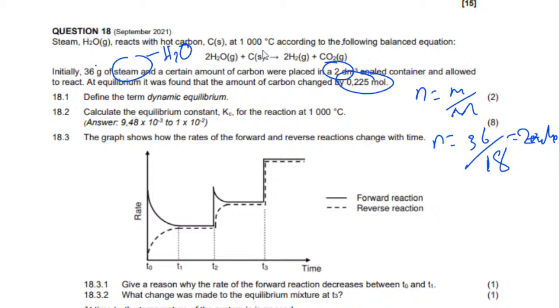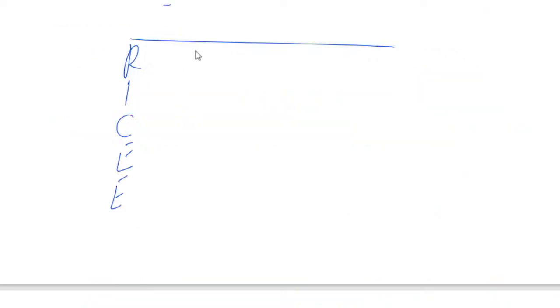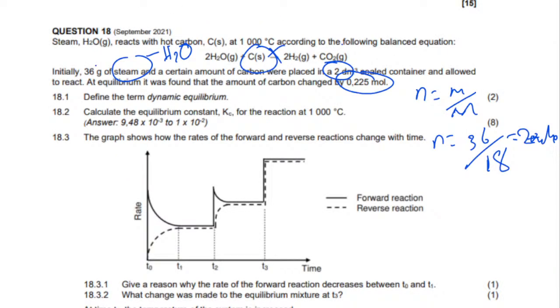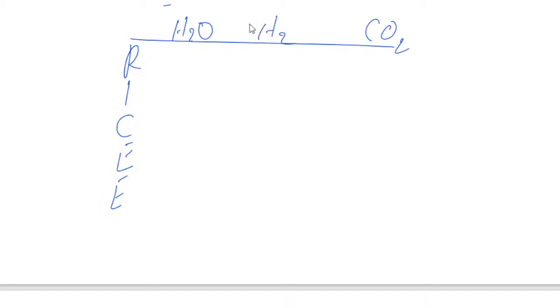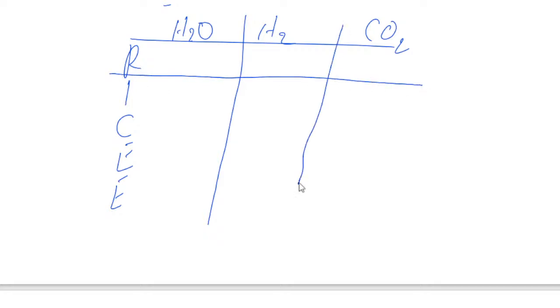Because carbon is a solid, I don't take it. Please don't include the solids there. So I'm going to have steam, water, plus hydrogen, and it's going to give me carbon dioxide. Hydrogen is also a product, right? So what am I going to do here? This is carbon dioxide. So carbon dioxide starts with 0, as a product.